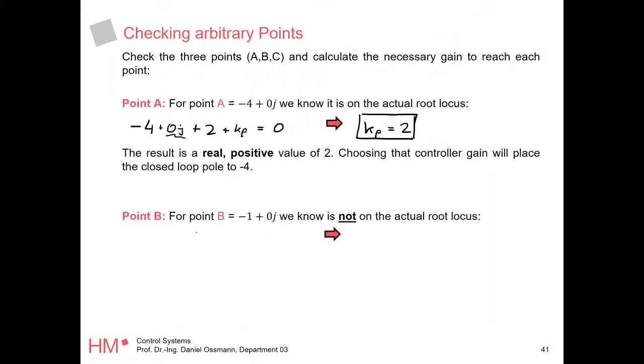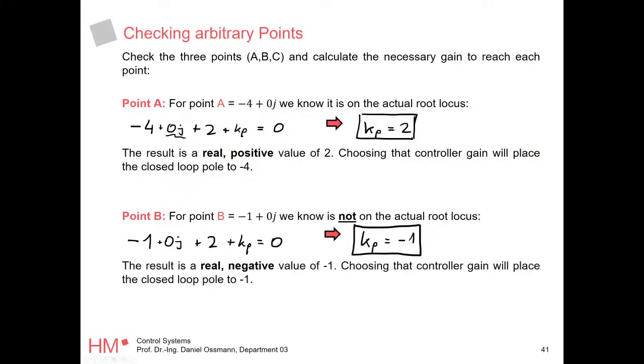So now let's go with this point here. Okay, so let's go -1 plus, again, it's a real number, plus 2 plus Kp equals 0, okay? And if you do the calculation here, it's -1. So what changed now is the sign of this gain here. Suddenly we get out a real negative gain.